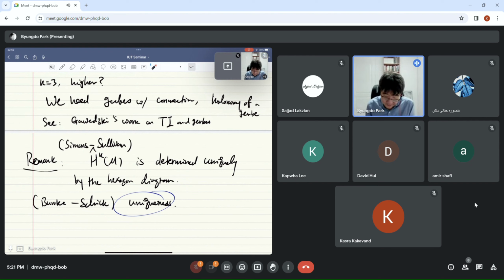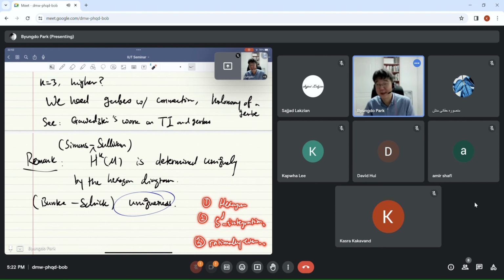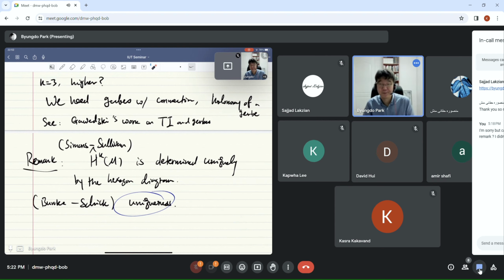First, the hexagon. Second has to do with some integration map, the S1 integration. If you have heard of this pushforward or Gysin map kind of thing, it's this one. Third, a rather technical condition, is rationally even. Under these conditions, they show that the thing that fits into the middle is actually unique. Is that answering the question?